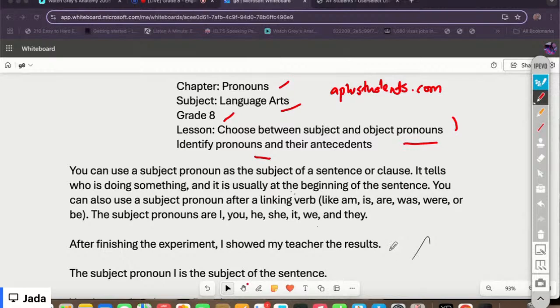Okay, so you can use a subject pronoun as the subject of a sentence or clause.